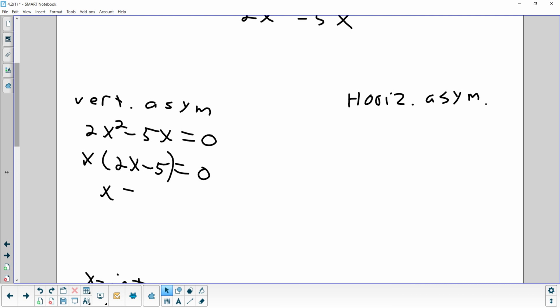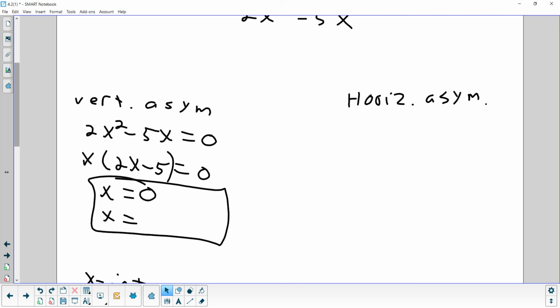So where would my 2 vertical asymptotes be? 0 and 5/2.